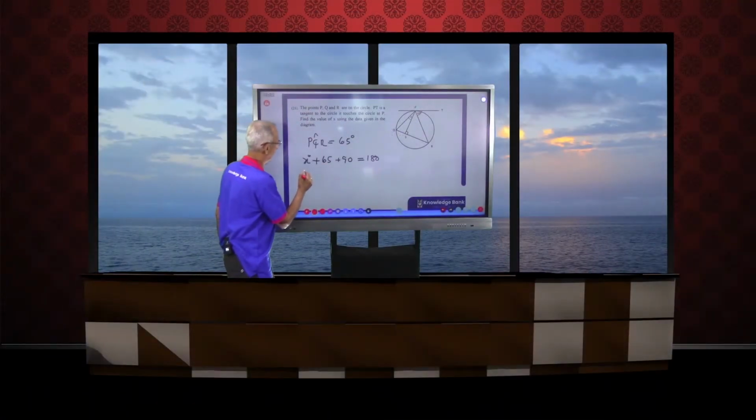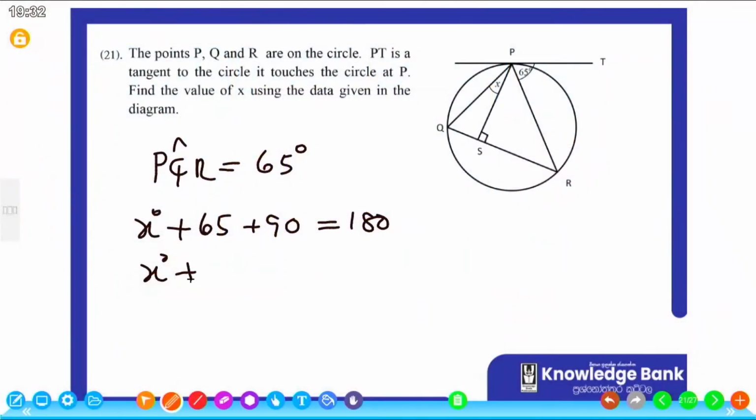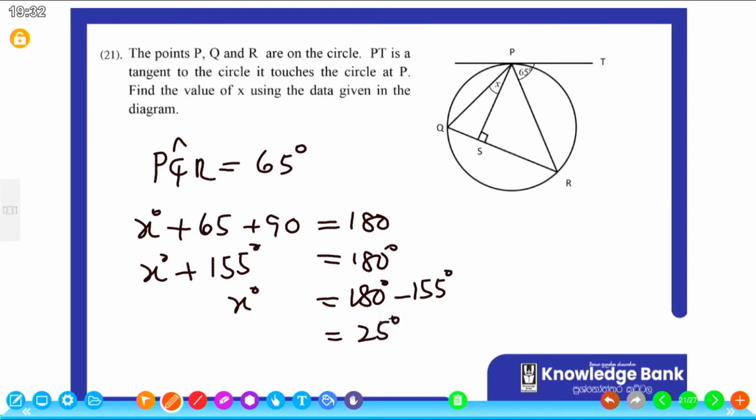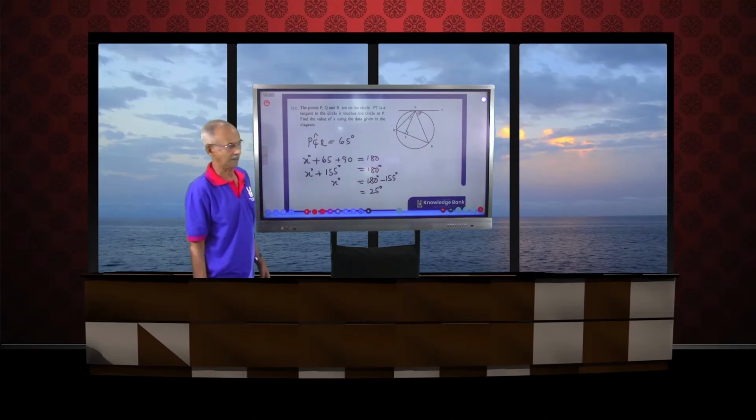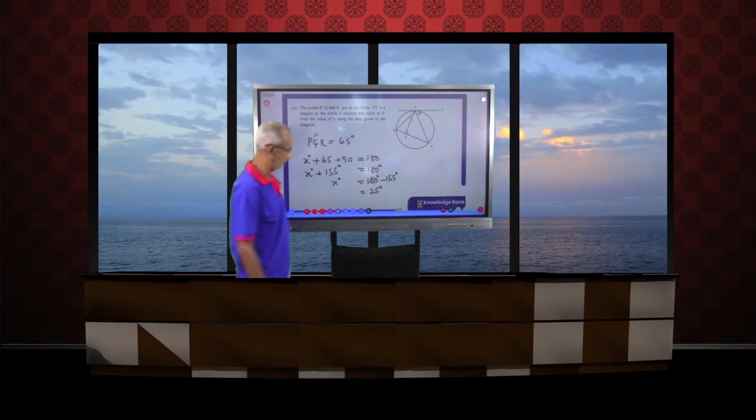Then x + 65 + 90, that is 155, equals 180 degrees. Therefore, x is equal to 180 minus 155, which is 25 degrees. That's question number 21. Okay, then let's go to the next question.